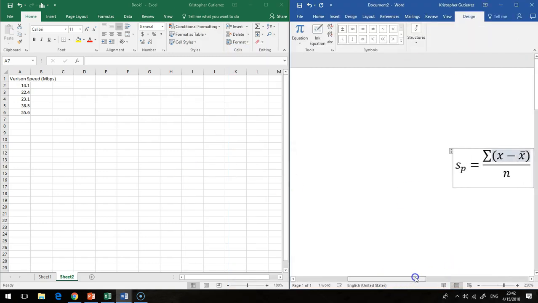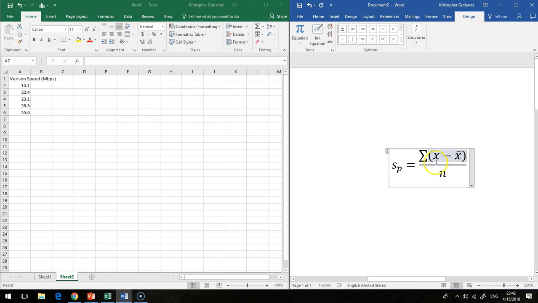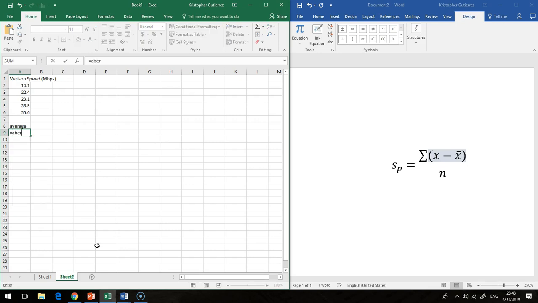So I'm going to put this equation over here. And well, in order to use this equation, first thing you got to do is calculate what the mean is, or the average. So average, and we've calculated this already, but I'm going to go ahead and do it again, is equal to the average of this. So that's going to be 30.75.